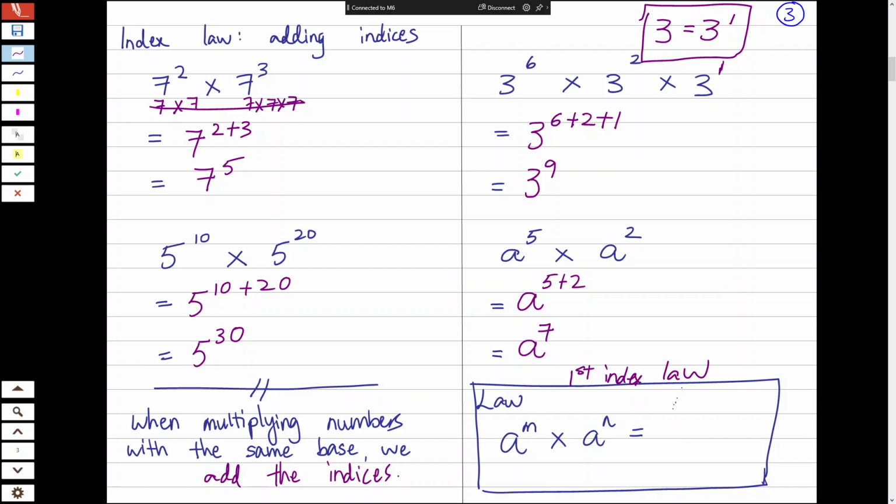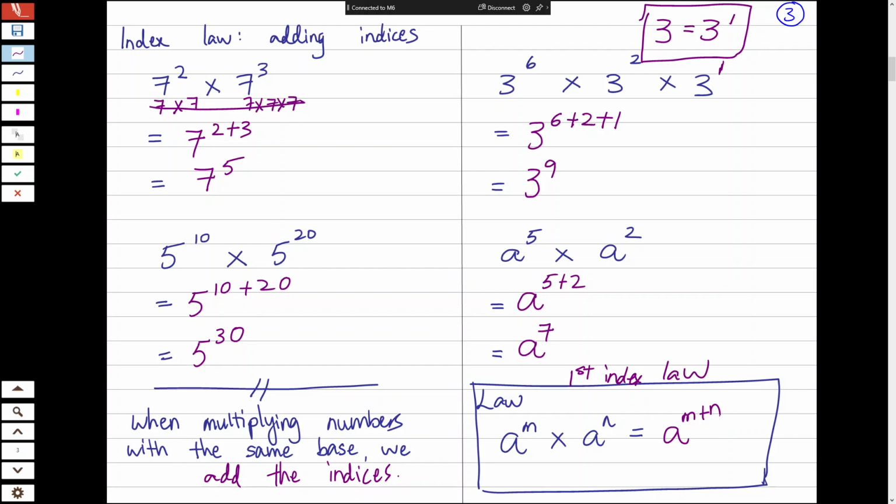Okay, choose the person. Phone a friend. Who's your friend? Louis. A to the power of m plus n. Yeah. Okay, I've just taken the two indices and I've added them together.